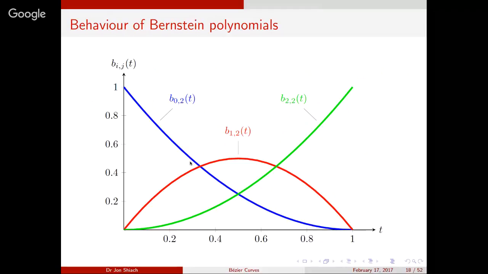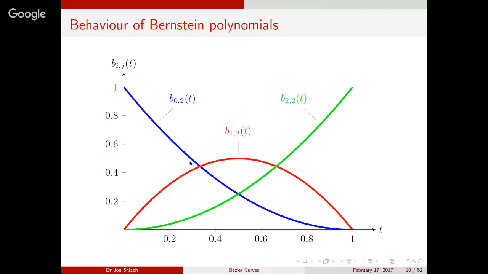For the quadratic Bernstein polynomials, I've only got 3 of them, and I've graphed them here. The blue one is what's multiplied by the first control point, P0. The red one is what's multiplied by the middle control point, and the green one is what's multiplied by the last control point, P2.